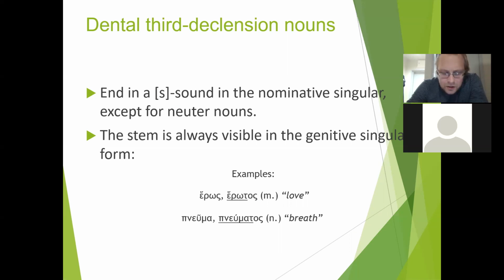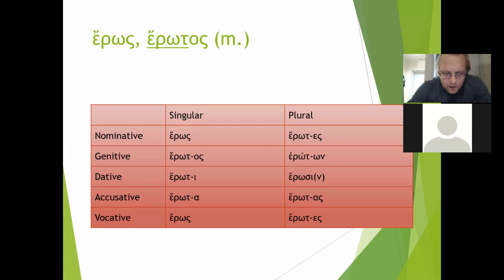Otherwise, the third declension nouns with stems ending in a dental consonant have the same ending as the velar and labial nouns we looked at last time, as can be seen in what follows. So love in the singular is eros in the nominative, erotos in the genitive, eroti in the dative, erota in the accusative, and eros in the vocative.